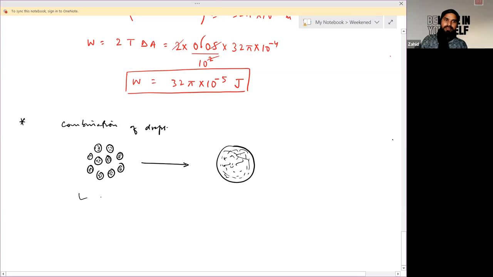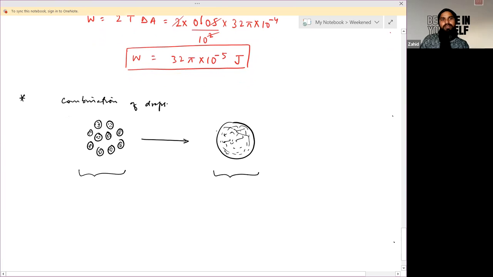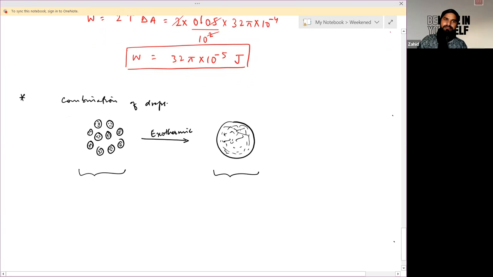It means these small drops will have larger energy as compared to the combined drop. So on going from left to right for combination, this process will be exothermic. Is it clear?